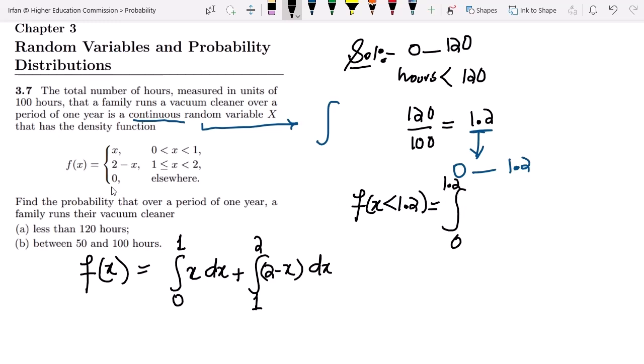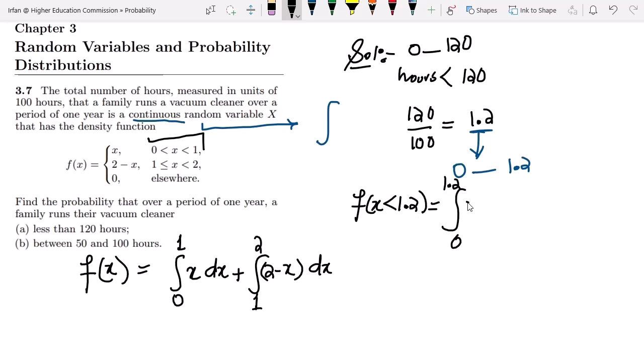And in this range we can very clearly see that we have both ranges. This range also lies here, because this is from 0 to 1, and also the range from 1 to 1.2, because this is now from 1 to 2, so I have to write it all.